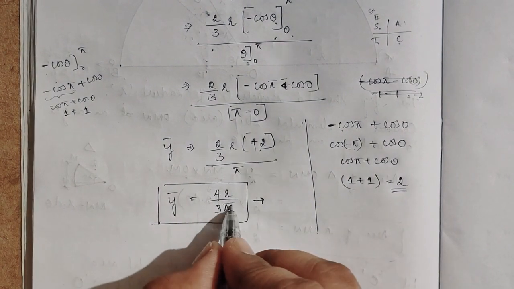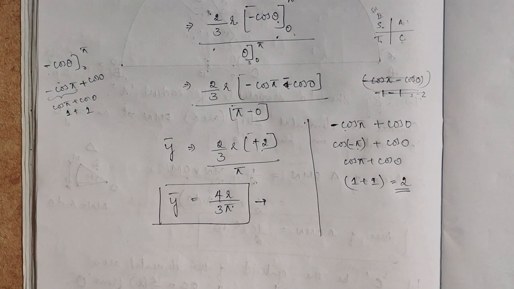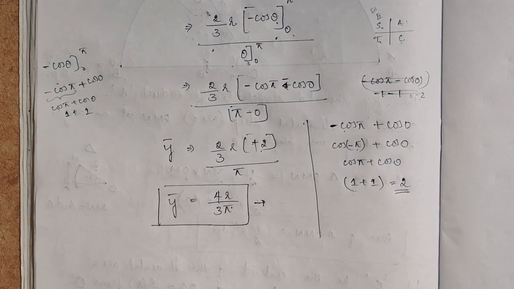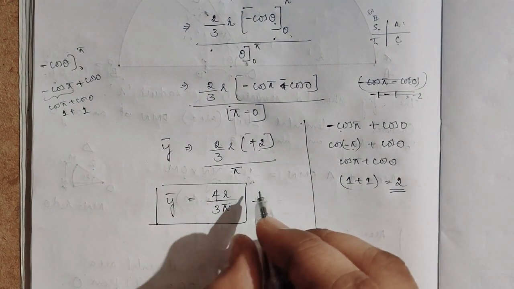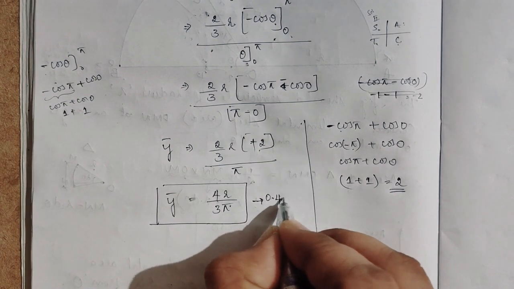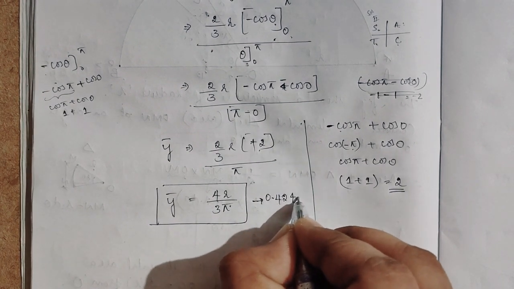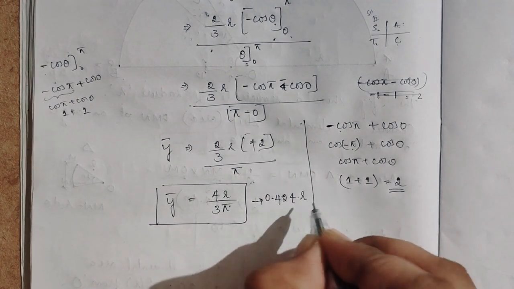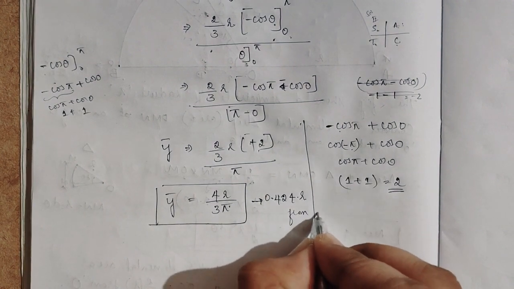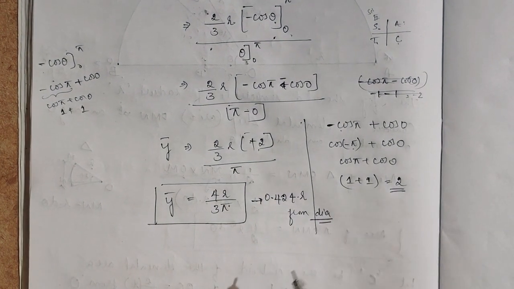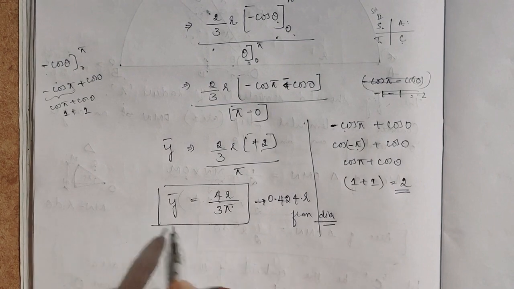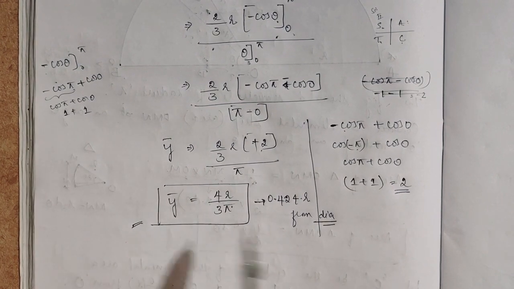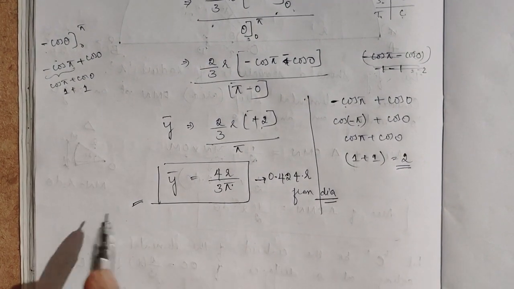Also, 4 divided by 3 pi is 0.424, so 0.424 r from the diameter. You remember this: up to this you have to do, y is equal to 4r by 3 pi.